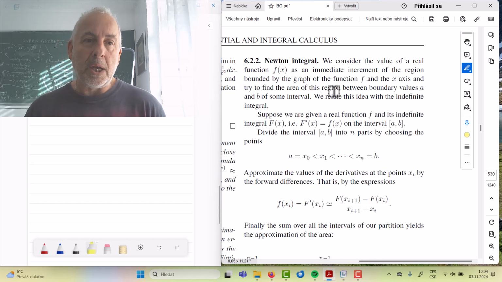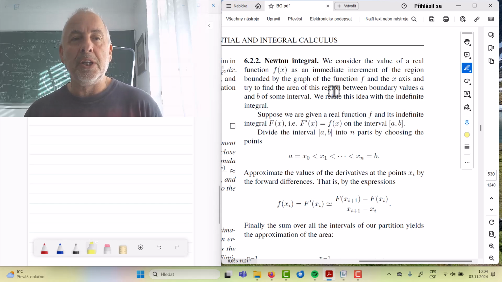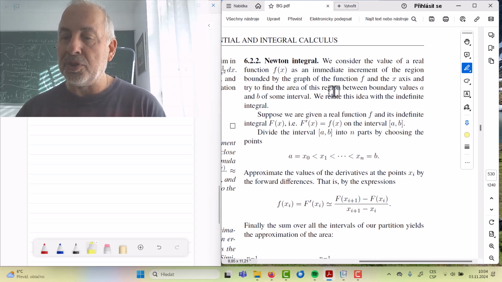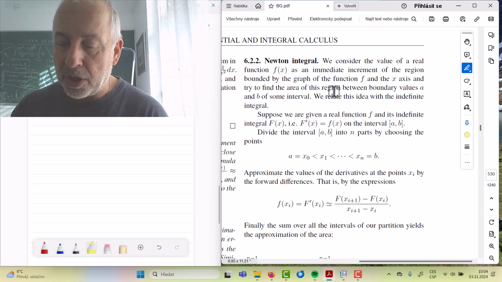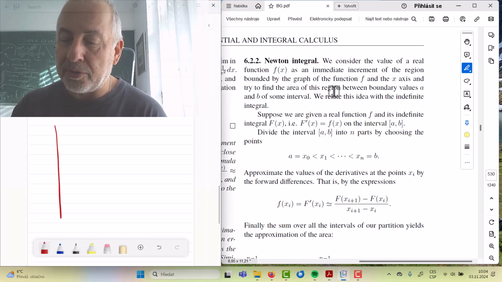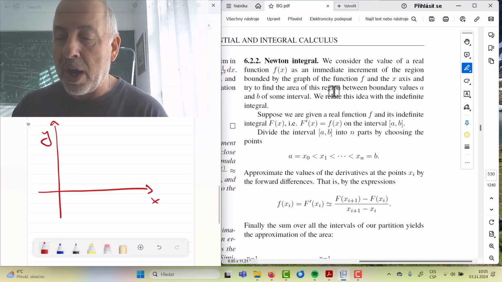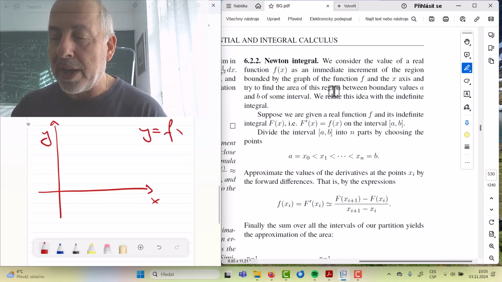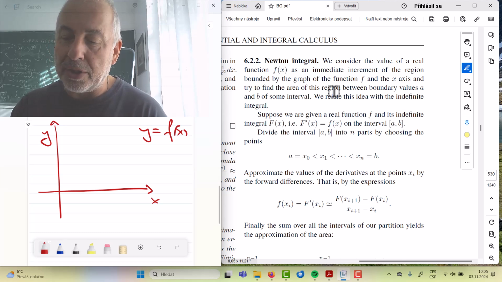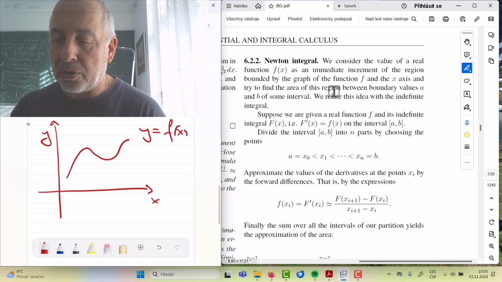Now let's add some intuitive justification why the Newton integral, so the looking for antiderivative, should be considered as a good tool for something we are after. And what we are after is actually, we have got the x, we have got y equals some f(x), and we imagine that you have got something like this on an interval AB.